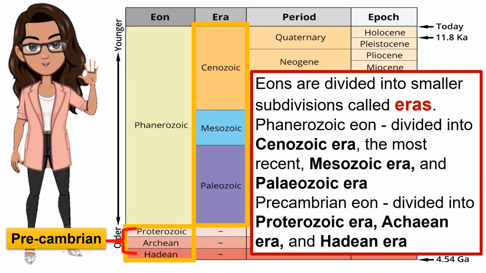The Precambrian eon is divided into the Proterozoic era, which is about 2,500 million years ago, the Archean era, 3,800 million years ago, and the Hadean era, which is 4,600 million years ago.